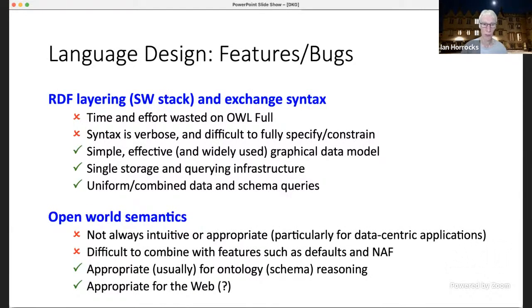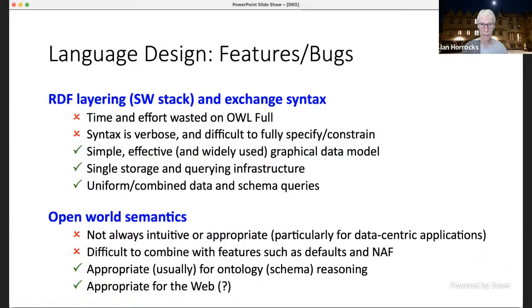Okay, another feature that's kind of controversial, and actually I don't really want to say that this was right or wrong, was the open world semantics. So OWL inherited from its genesis in description logic and first order logic the open world semantics of those logics.